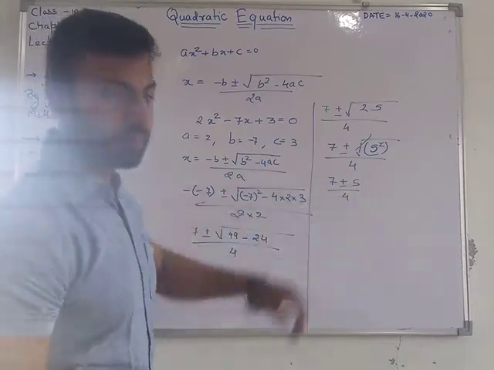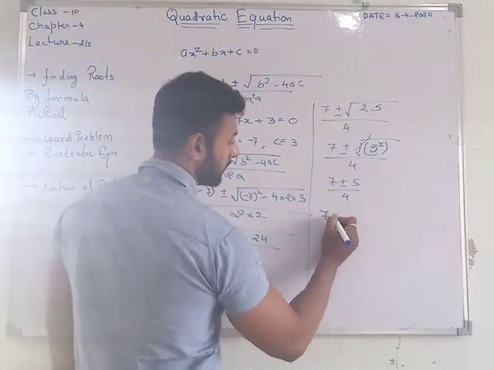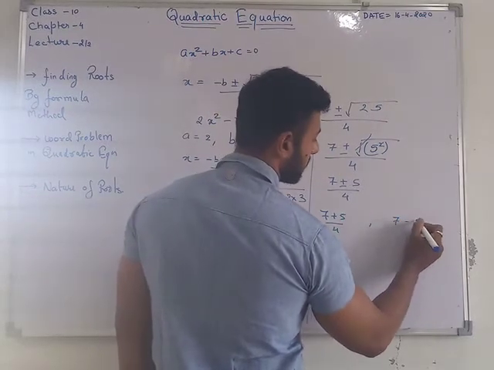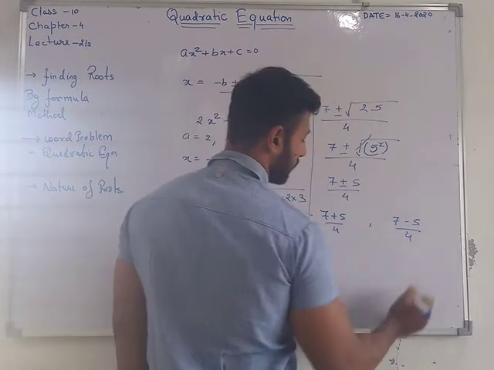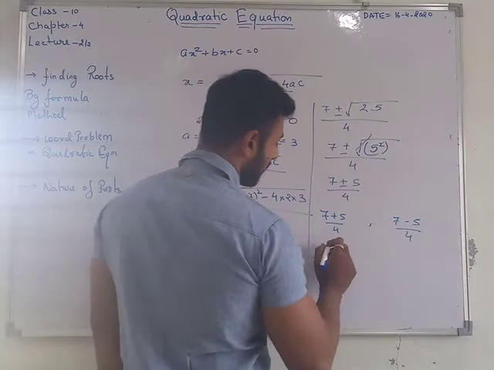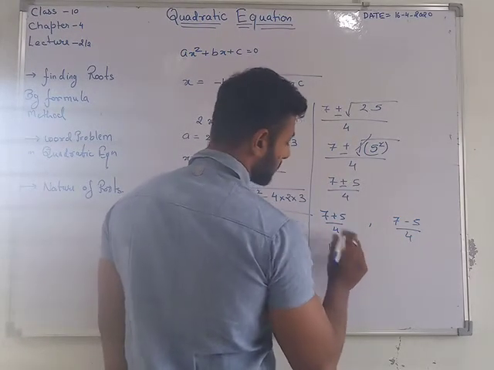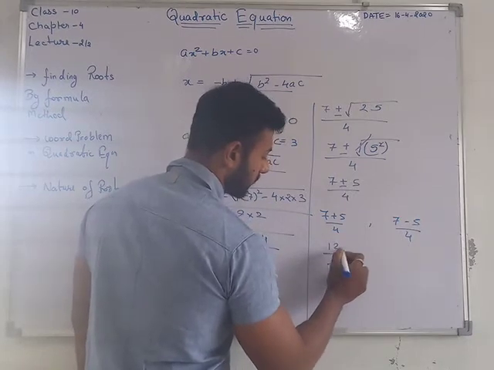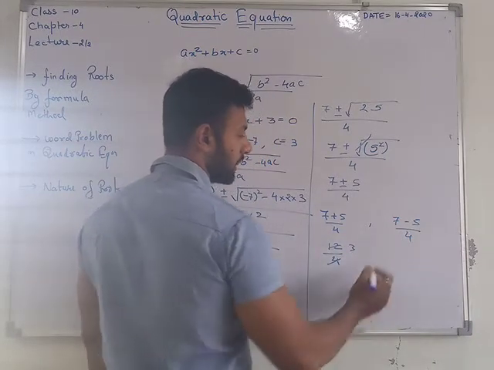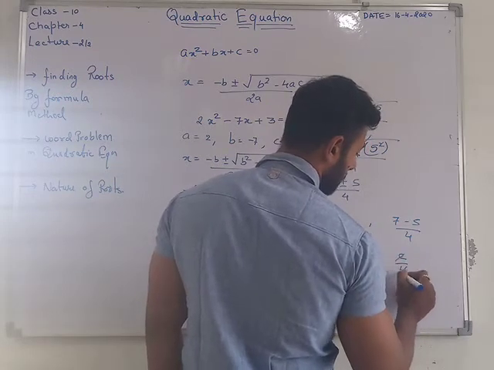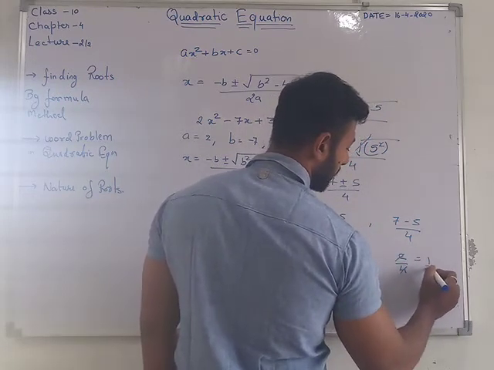First taking the positive value, 7 plus 5 by 4, and second taking 7 minus 5 by 4. 7 plus 5 will be 12 by 4. This will get cancelled out and this will be 3. 7 minus 5 will be 2 by 4. Simplifying this, we will get 1 by 2.